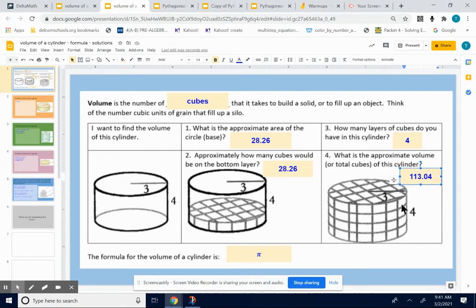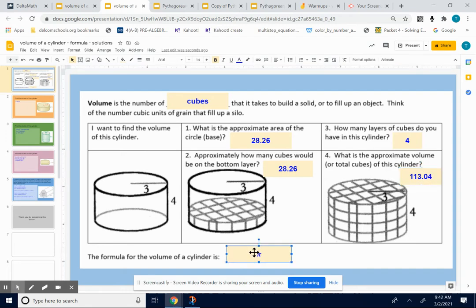I just wanted you to get an understanding of the formula, because think about what we did to find the volume of this. We first figured out pi r squared to get the area of the bottom, which is the same as the cubes on the bottom. And then we took that answer times the height.